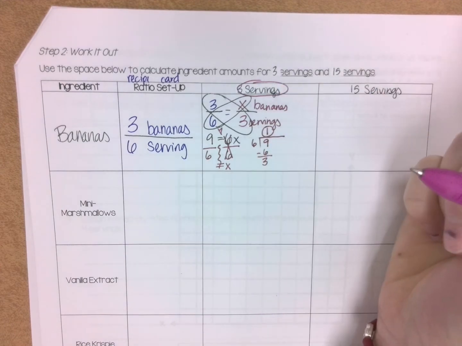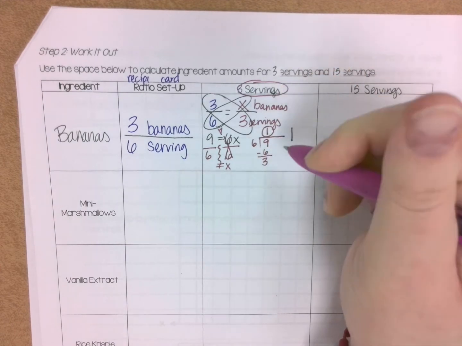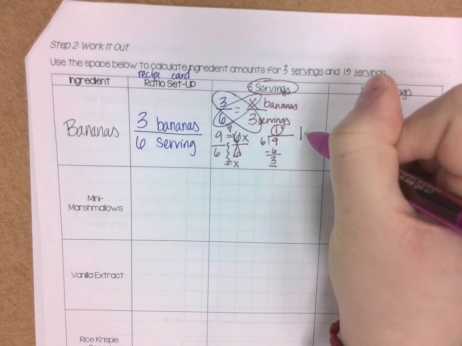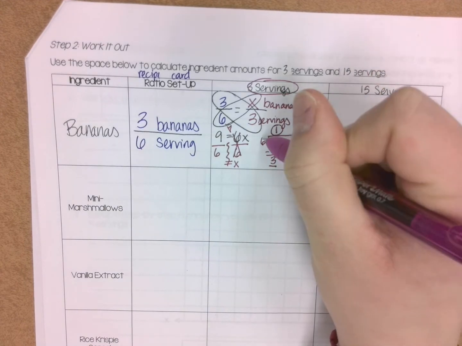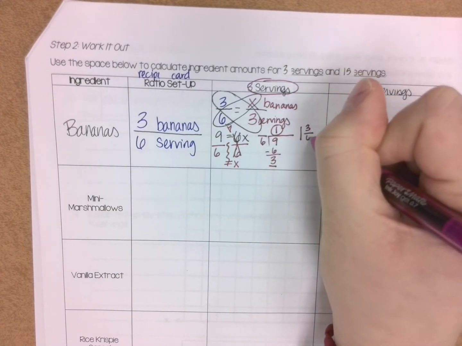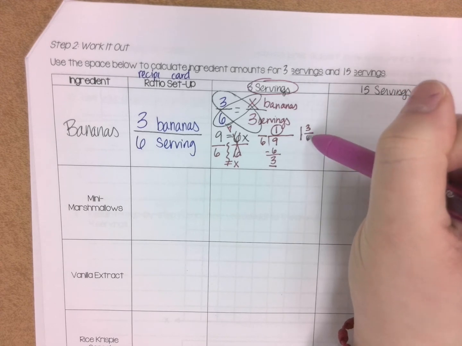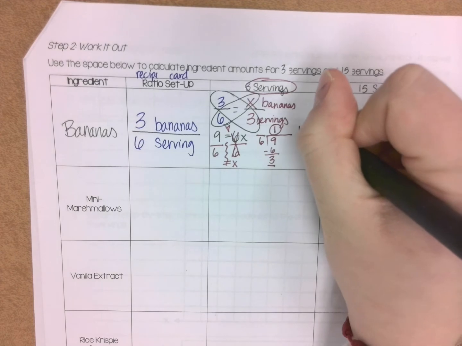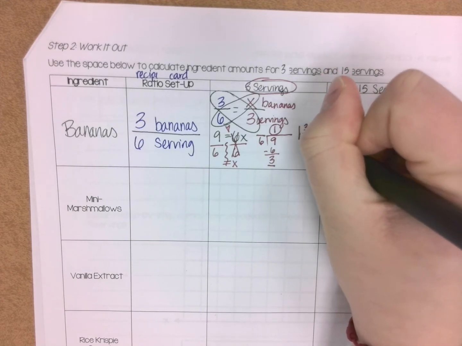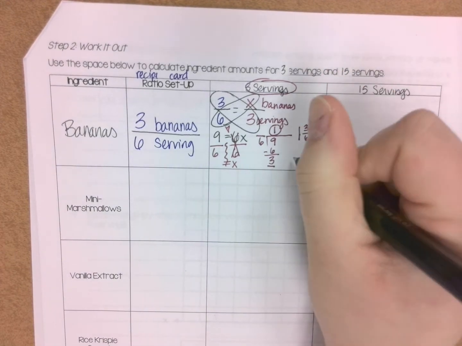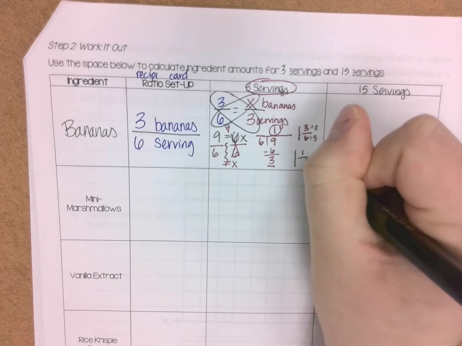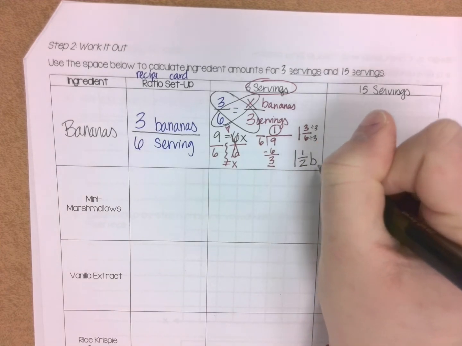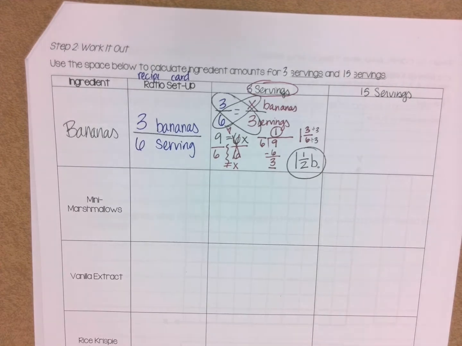This number is my whole. This number is my numerator. And this number is my denominator. So I get that I need 1 3/6 bananas. But I can simplify that. Divide by 3. Divide by 3. So I get 1 1/2 bananas that I need for 3 servings.